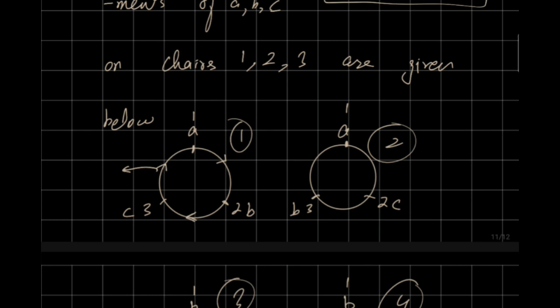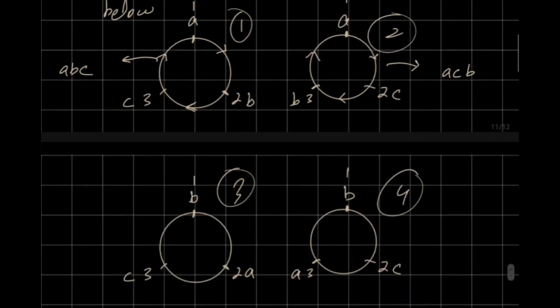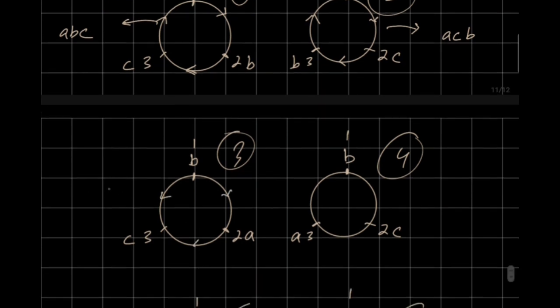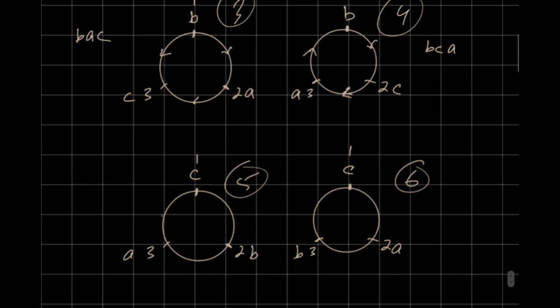Call it A B C, and moving clockwise again, start from A C B. Again name this one: it is B A C. And what is this? Again moving clockwise, it is B C A. What is the name of this permutation? This is C B A.